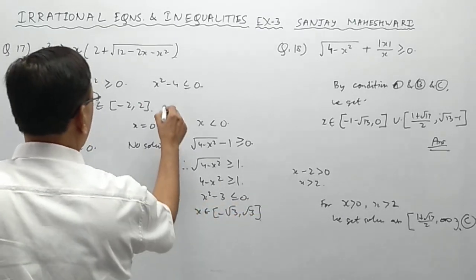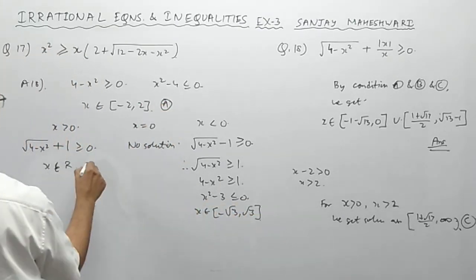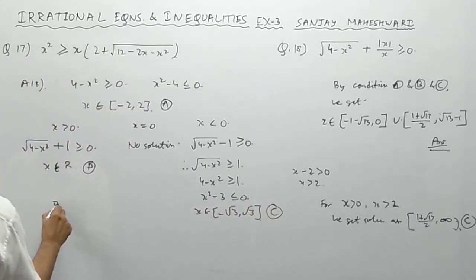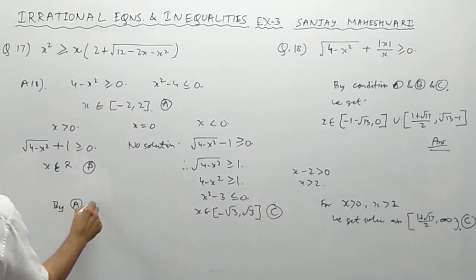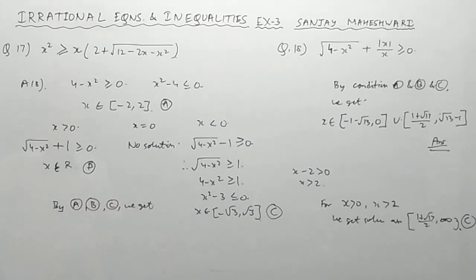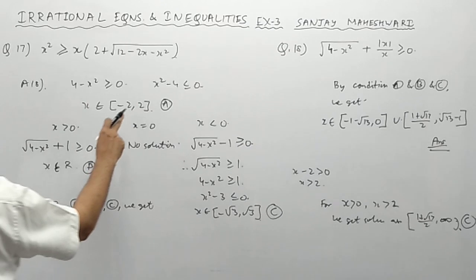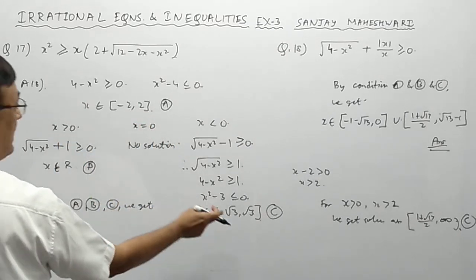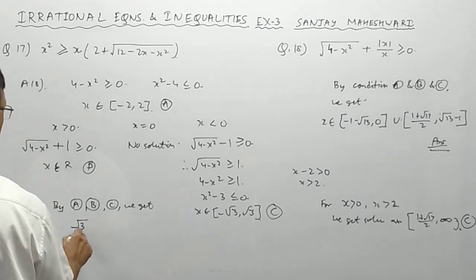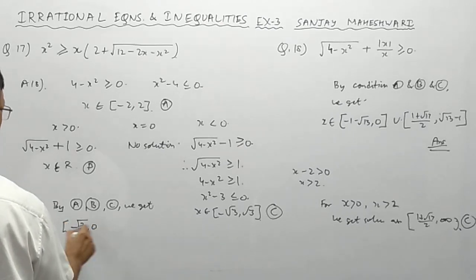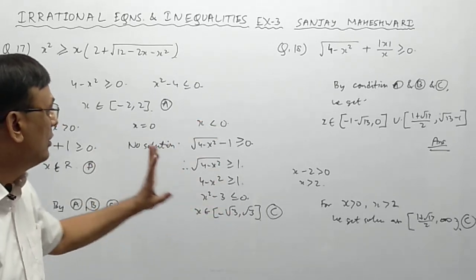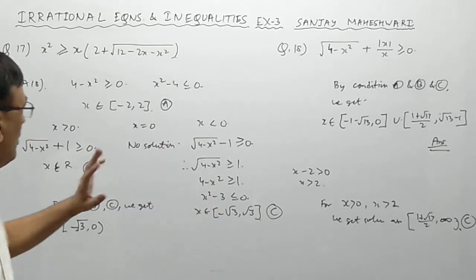For this part, by taking the intersection of A, B and C, we get, for x less than 0, minus root 3 to 0, open. x equal to 0 is not allowed.